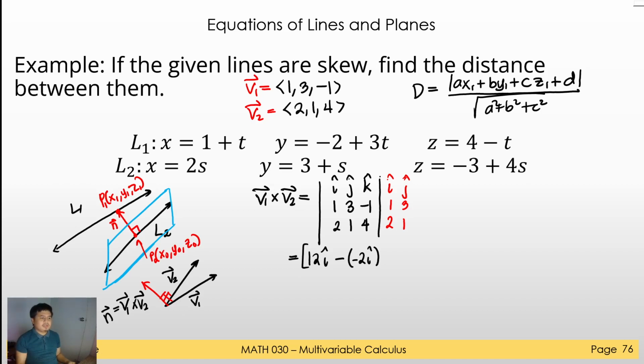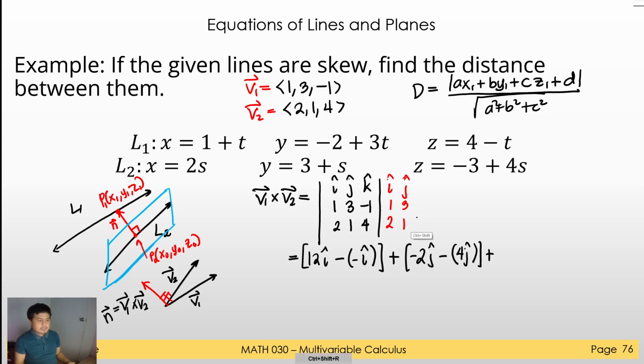Oh, it should be only this. No? Sorry, it should be -i. Okay, and then plus we have j, so this is -2j, minus, where is it? This one, so 4j.